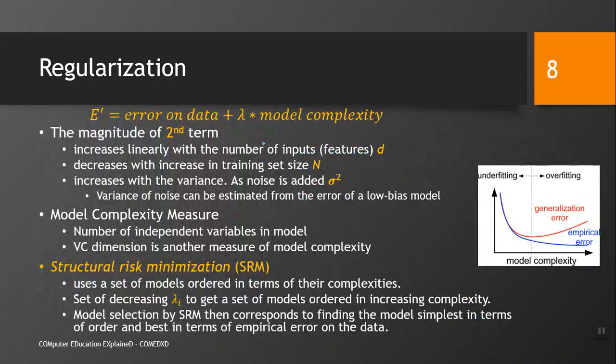In regularization, the magnitude of the second term increases linearly with the number of input features. As we increase the number of features, the model complexity increases. For example, if we have one feature, we may have y equal to w1 x1 plus w0.